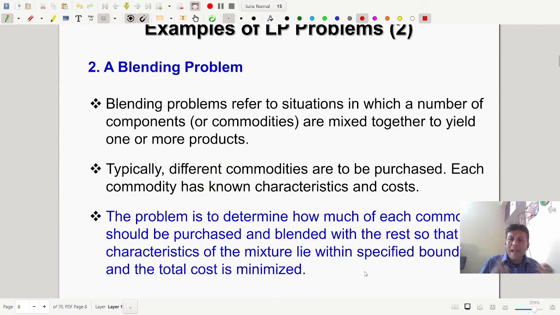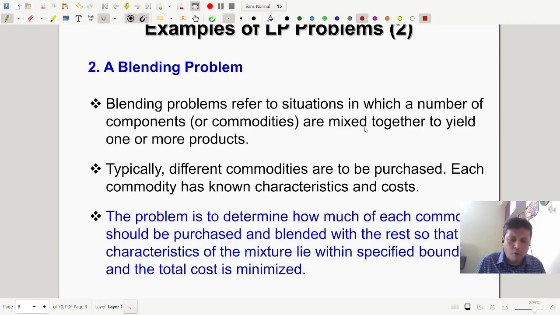Next, a blending problem. Here also we can apply LPP. So what is a blending problem? Blending problems refer to situations in which a number of components or commodities are mixed together to yield one or more products. Just for example, steel. A good quality steel can be produced. Tata Steel, just one of the companies, is a renowned company.